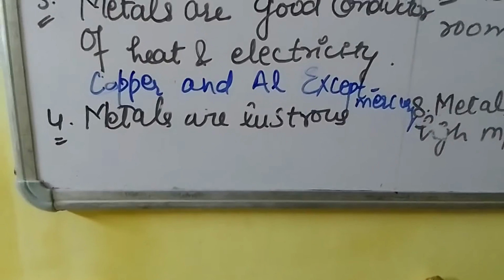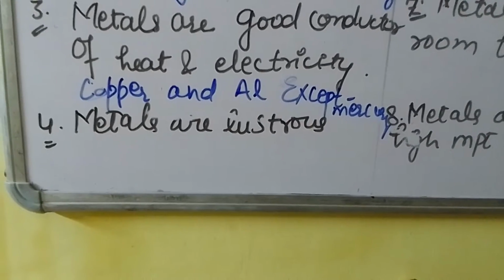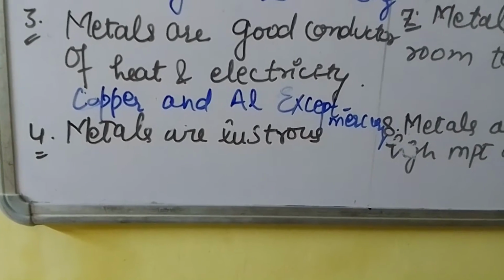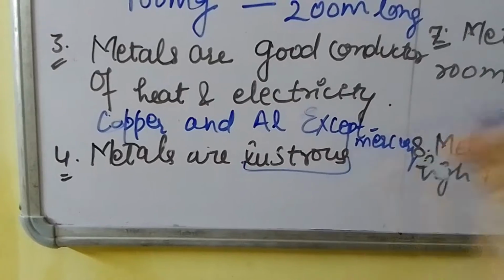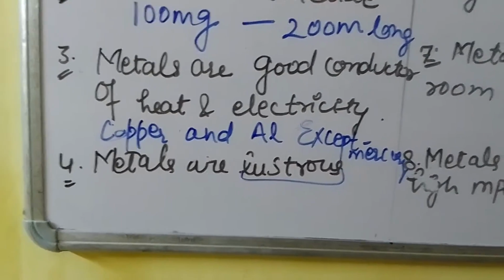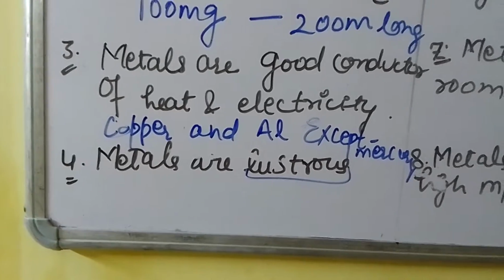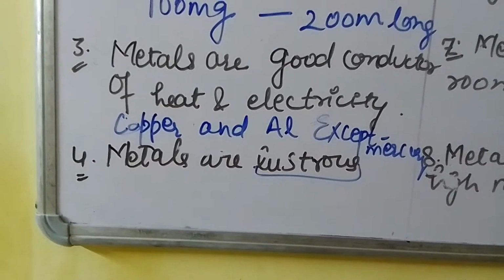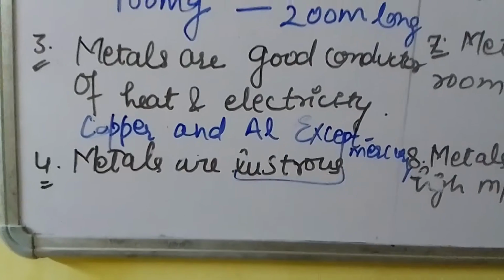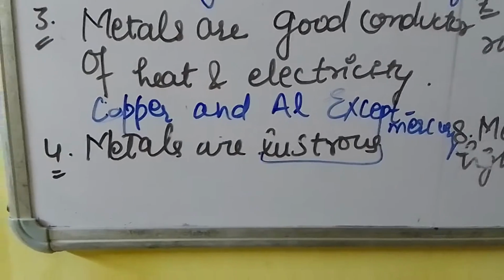Now let's talk about another property: metals are lustrous. What is the meaning of lustrous? Lustrous means shining. Metals have a property in which their upper surface is very shiny, and they can be polished.